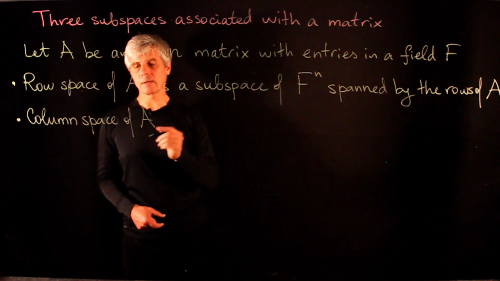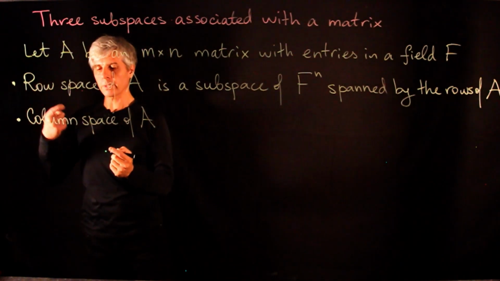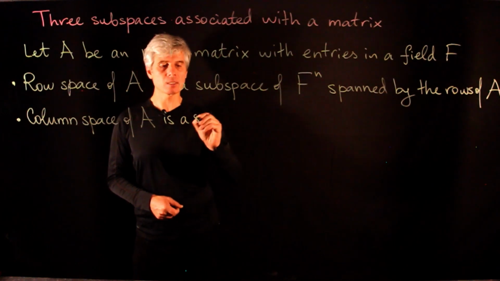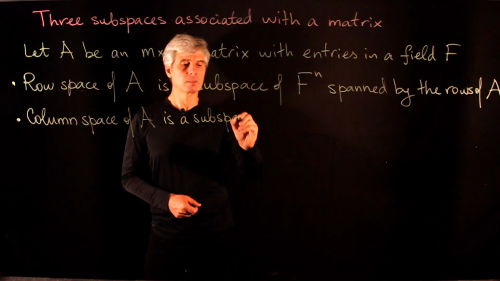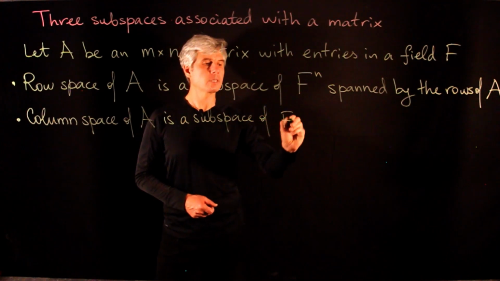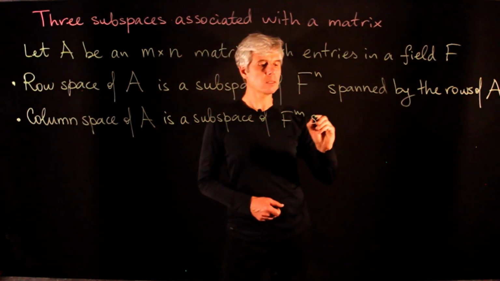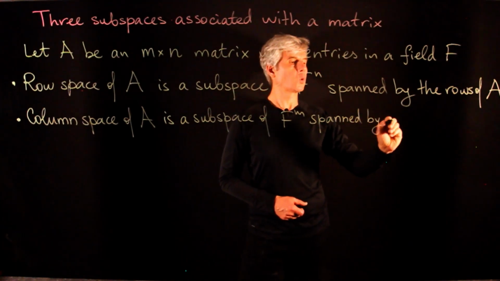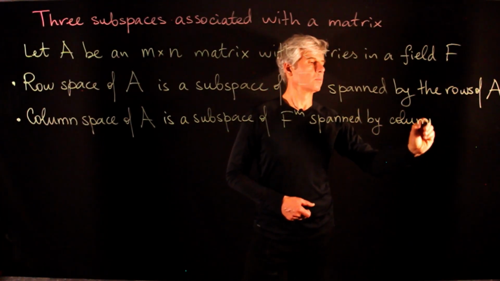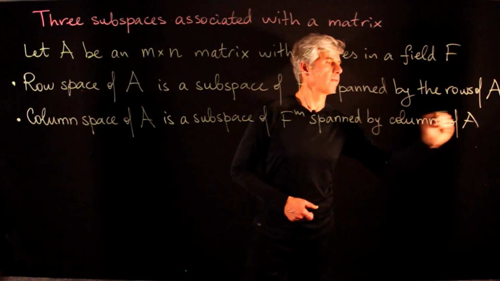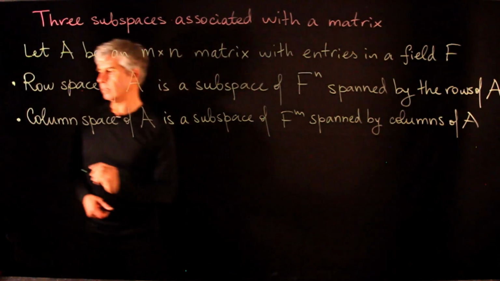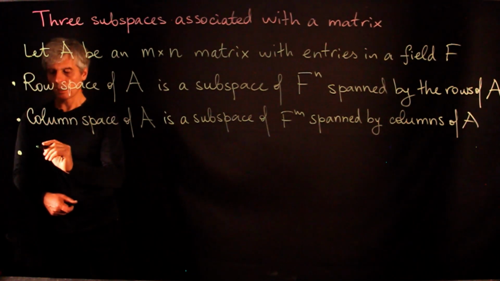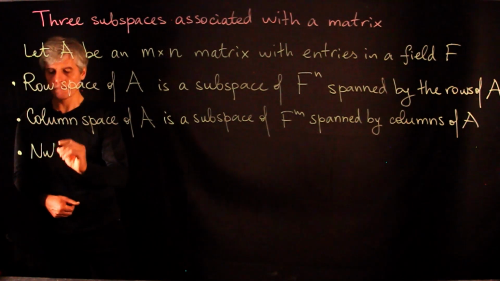Remember that each column now has m components. So this means that this is a subspace of Fm spanned by the columns of A. And the third important subspace is the null space.